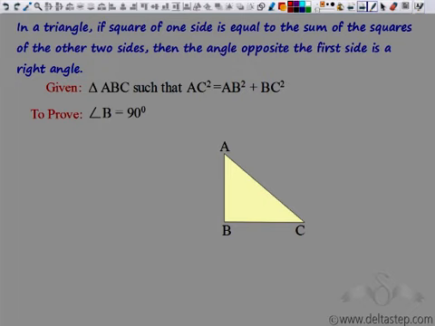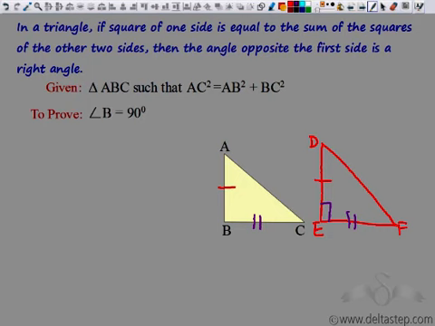I'll make another triangle. I call this triangle DEF, such that AB is equal to DE, BC is equal to EF, and angle DEF is 90 degrees.